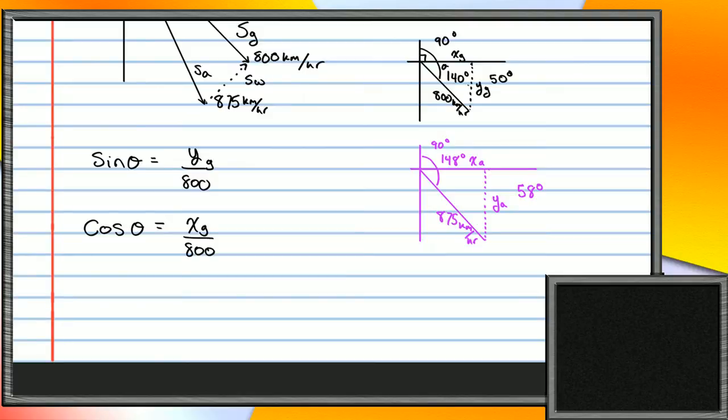And so theta is 50 degrees. So then that means that y for the ground speed is 800 times sine 50, and x for the ground speed is 800 times cosine 50.